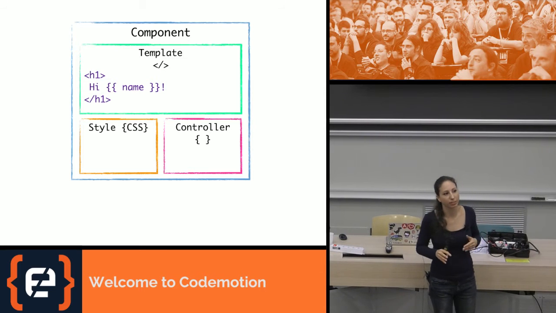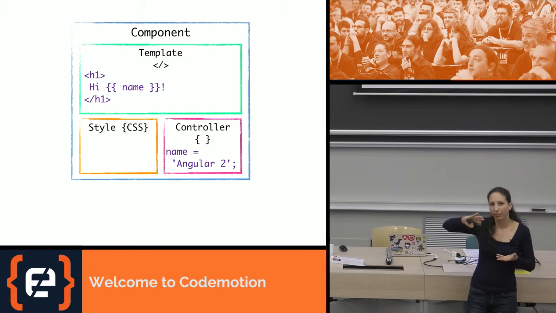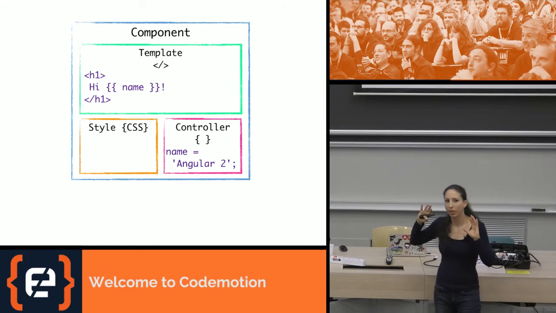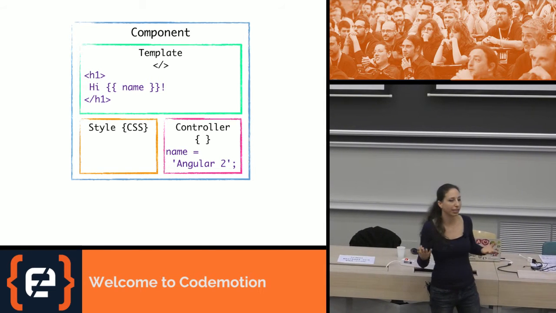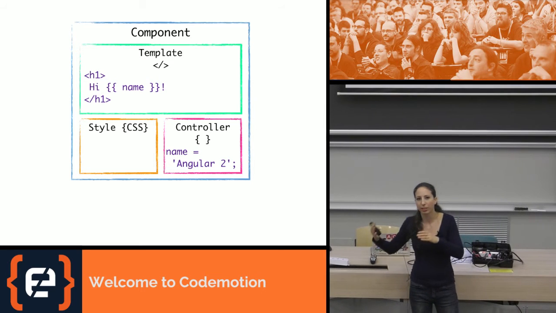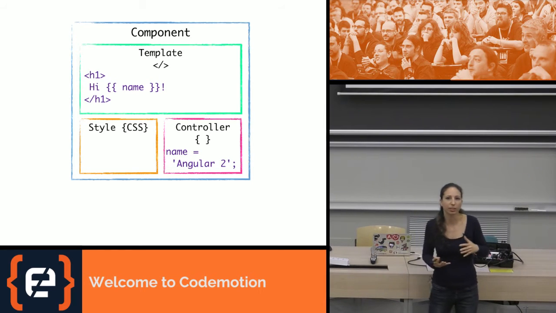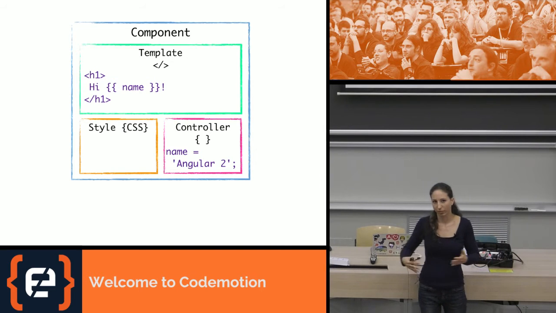That's for performance reasons. So here we have the element h1 with binding, which you all know and are familiar with from Angular 1. So it's the same in Angular 2. If we have some variable in the controller, we can bind to this variable in the template and see the value.